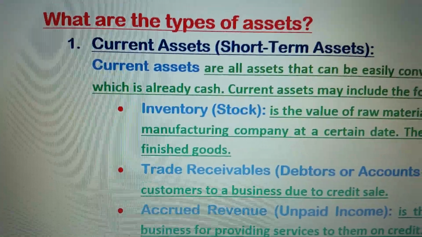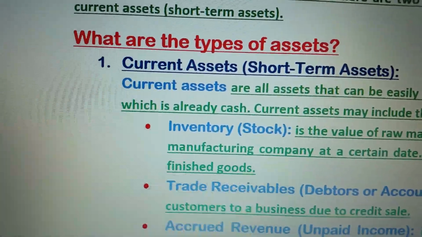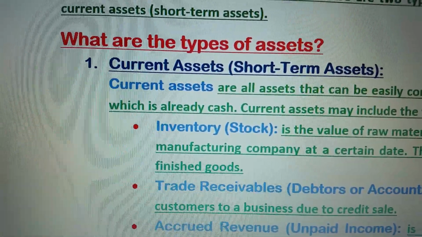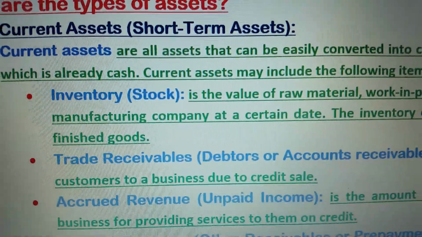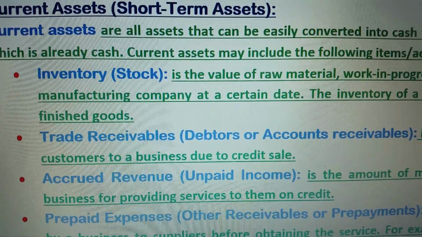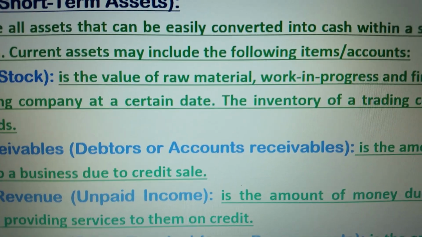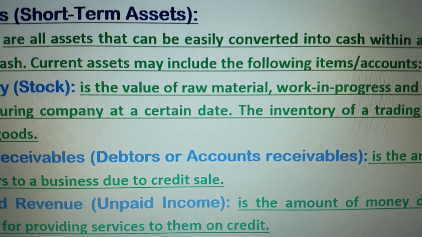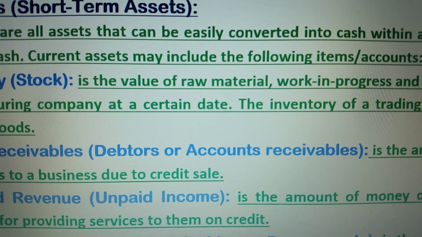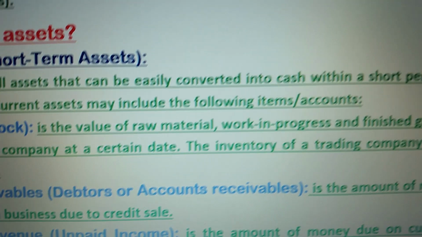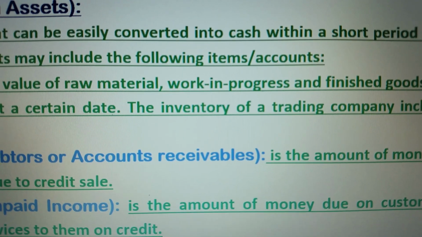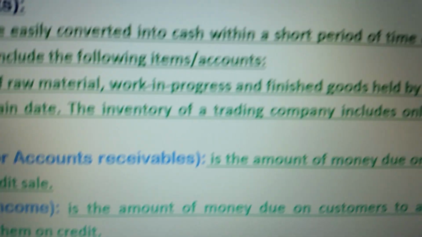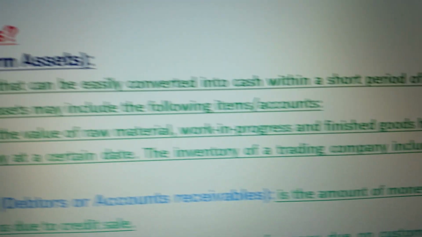Current assets include stock. Stock in a manufacturing company may include raw material such as wood, such as metal, work in progress, semi-finished goods, unfinished goods, and finished goods.